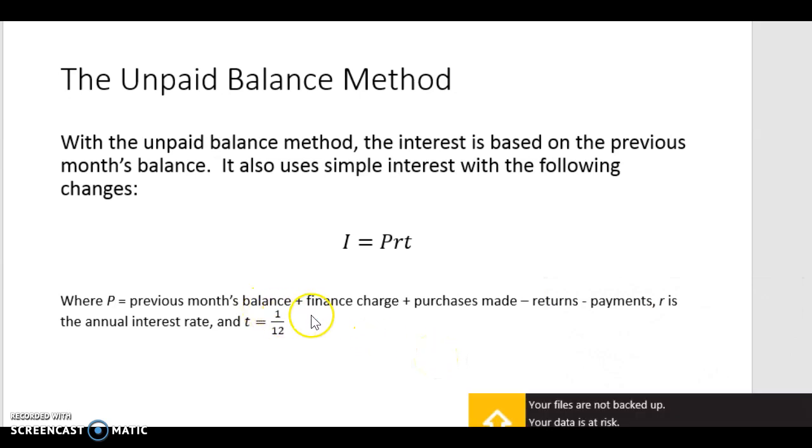So P is the previous month's balance, plus the finance charge, plus any purchases made, and we subtract any returns that we made and any payments that we made. R in this case is your annual interest rate, just like before, and T is going to be 1 over 12 because it symbolizes the part of the year that is the month. Since a month is 1/12 of a year, that's why we let our T equal 1/12.